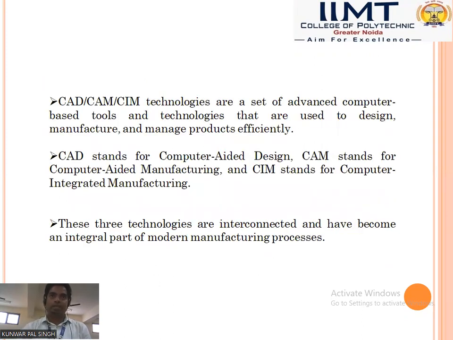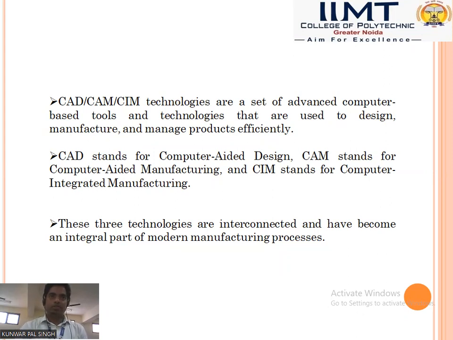So CAD, CAM, CIM technologies are a set of advanced computer based tools. They are tools and technologies that are used to design, manufacture and manage products efficiently. We know CAD stands for computer aided design, CAM stands for computer aided manufacturing, and CIM, which is the integration of CAD and CAM, stands for computer integrated manufacturing.